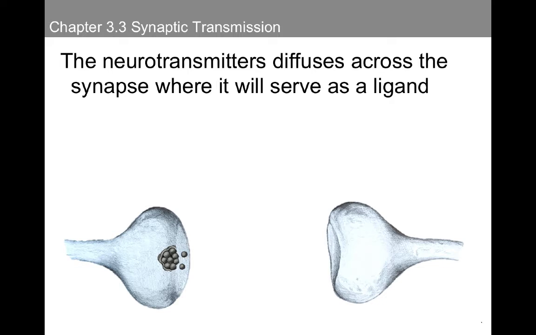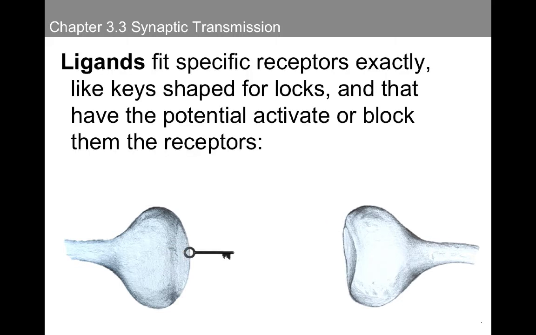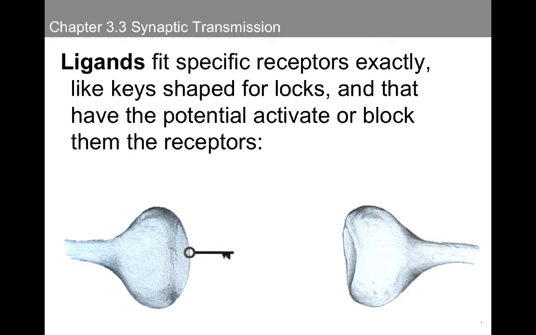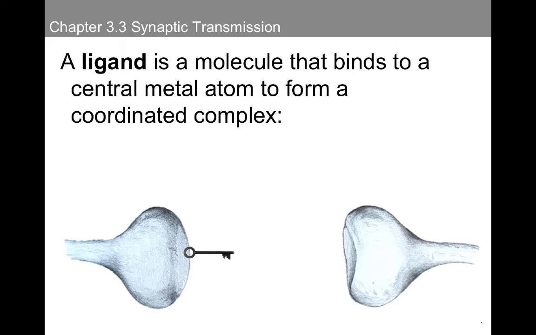Then the neurotransmitters diffuse across the synapse where they will serve as a ligand. So a ligand fits specific receptors exactly. It's like keys shaped for locks that have the potential to activate or block the receptor.